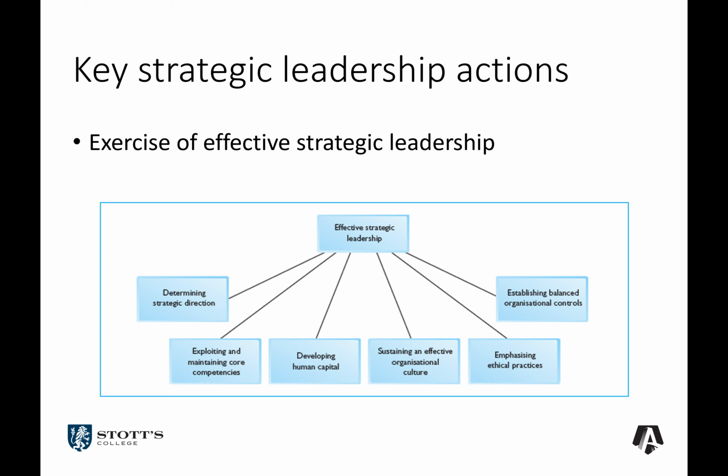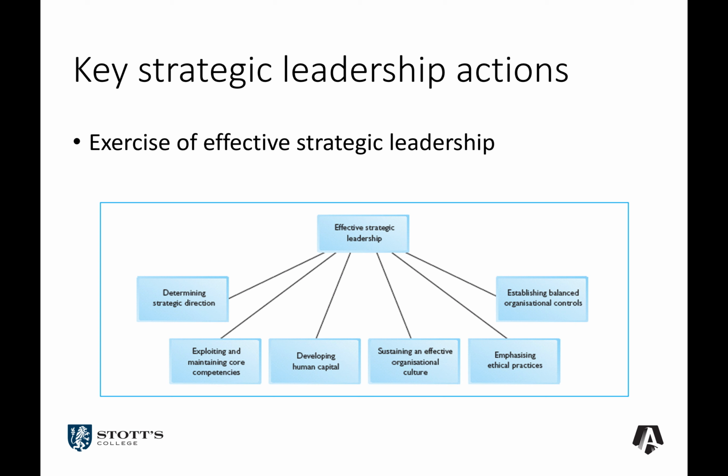Some of those models are embedded in the strategic thinking approach to strategic leadership, rather than the linear approach, and some of them are in other models of strategic management and of organisational change. So we're using this model, but I don't want you to think this is the only model that's possible.